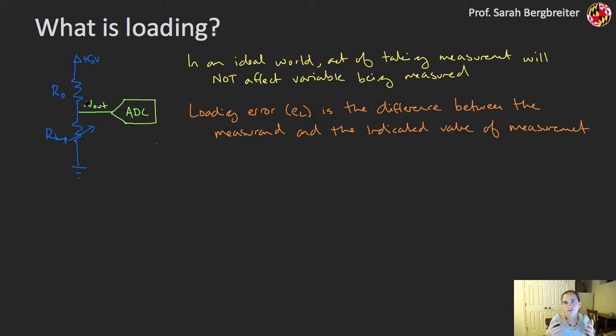But this is not just limited to voltages. If I stick a thermometer in some water, there's going to be some energy transfer there, and the temperature of the water is going to change, perhaps very slightly, but it's going to change, right? So just by the act of taking the measurement, I am changing the value that I'm trying to measure. And that's what loading error is trying to quantify.